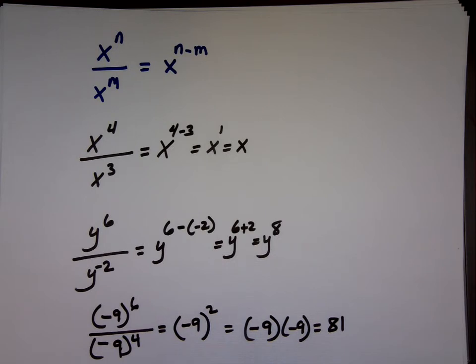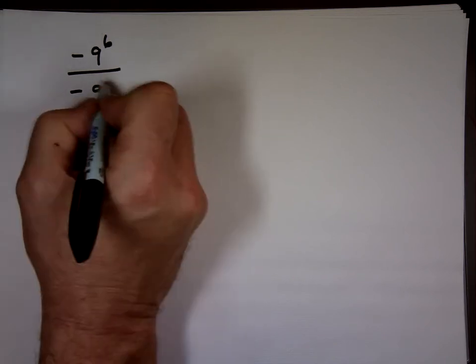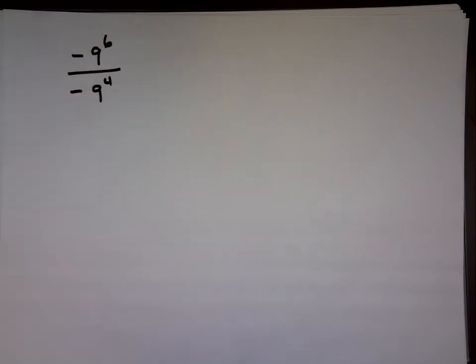So if it wasn't in parentheses, it would still be negative. If it was in parentheses and the minus is sitting there, they cancel each other out. What happens if the problem was like this? If the question was like that, this is just a minus here and a minus there.